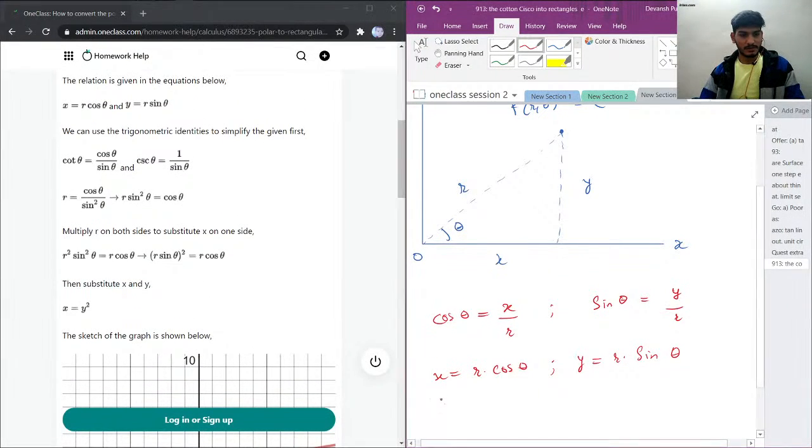I will just write first cotangent of theta, which is cosine theta over sine theta, and cosecant theta is 1 over sine theta.